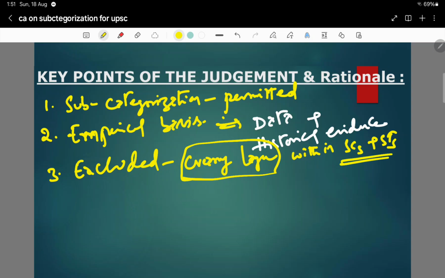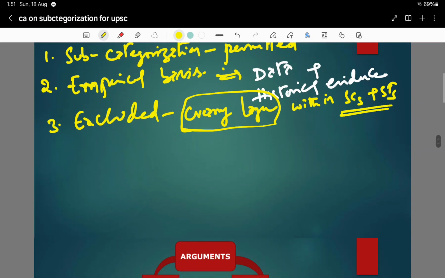Not only that, the verdict also suggests restricting reservation benefits to the first generation, preventing prolonged reliance on quotas for families who have achieved social mobility. Hence, the Supreme Court clearly stated generational limitations.